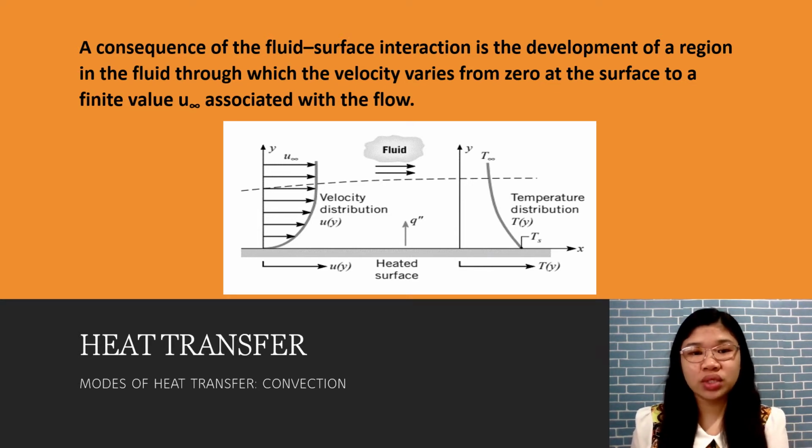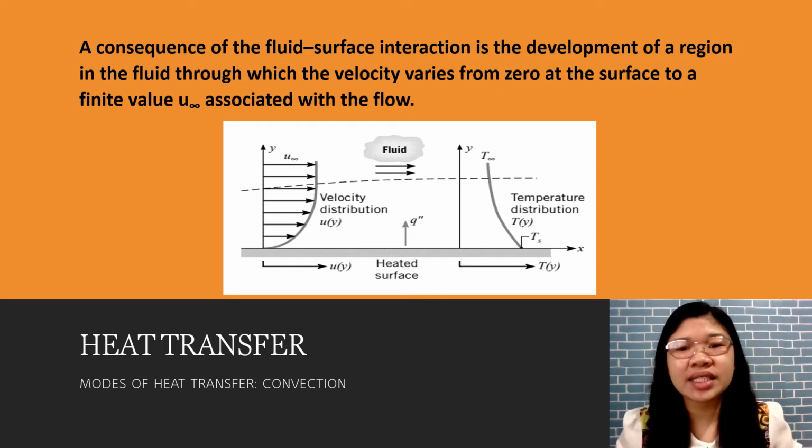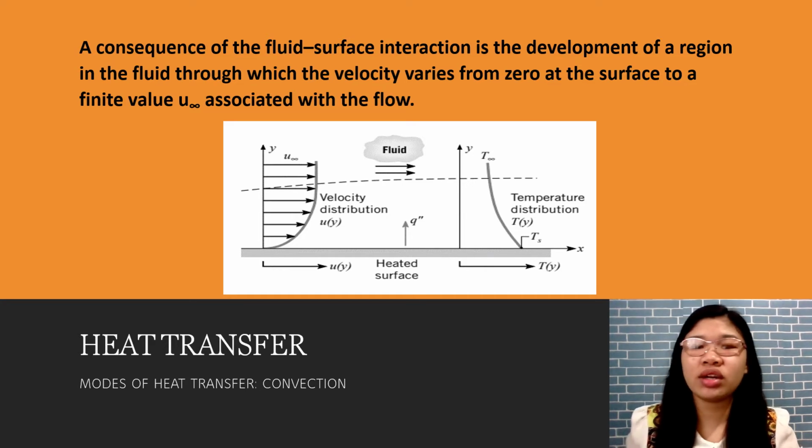That is why you see the infinity sign as a subscript here associated with the flow, wherein u is the velocity. This region of fluid is known as the velocity boundary layer. As you can see the velocity distribution there in the image, this is also termed as hydrodynamic boundary layer.